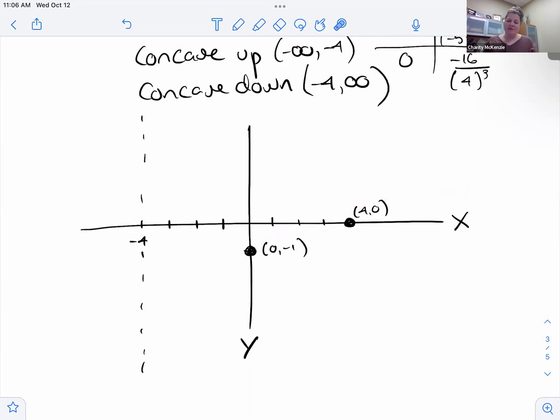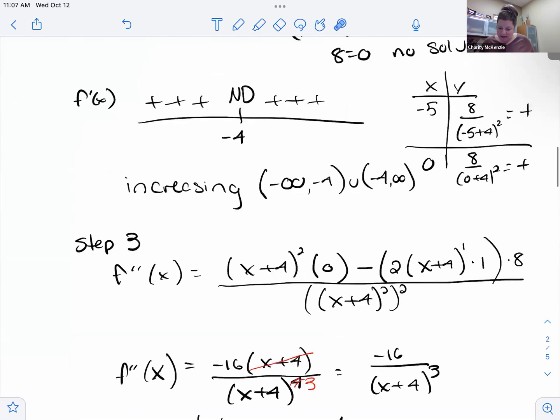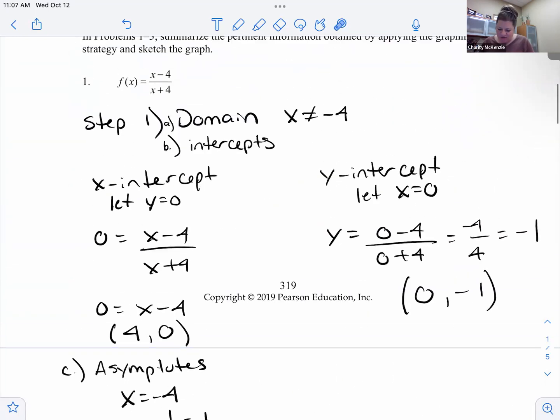Okay. How else could I make sure that my two areas are what I want without a graphing calculator? I could put in points and get exact values if I need to. So if I wanted to put in a value like -5 into the original function and see exactly where it is, we could. So we go all the way up to our original function.